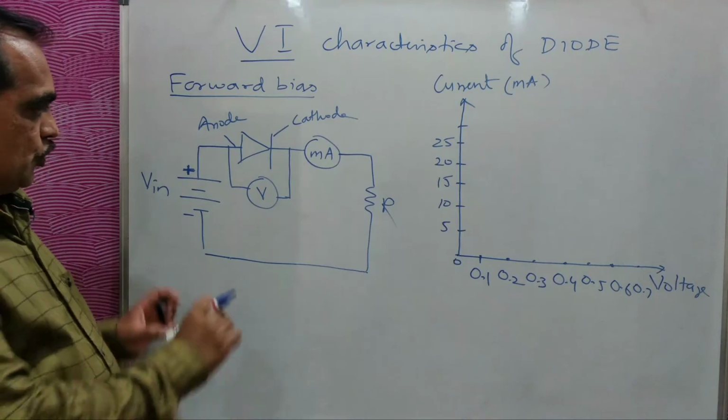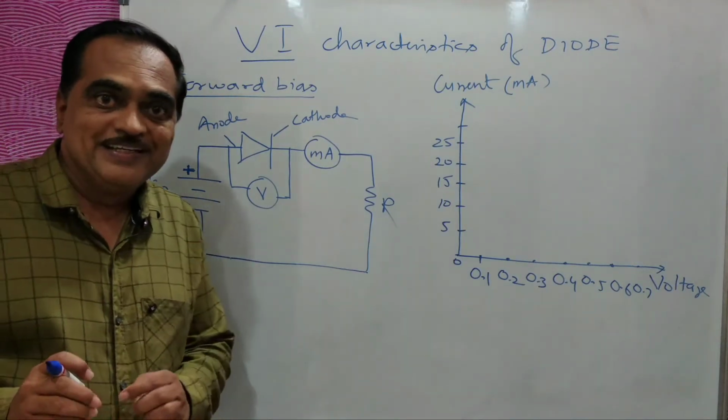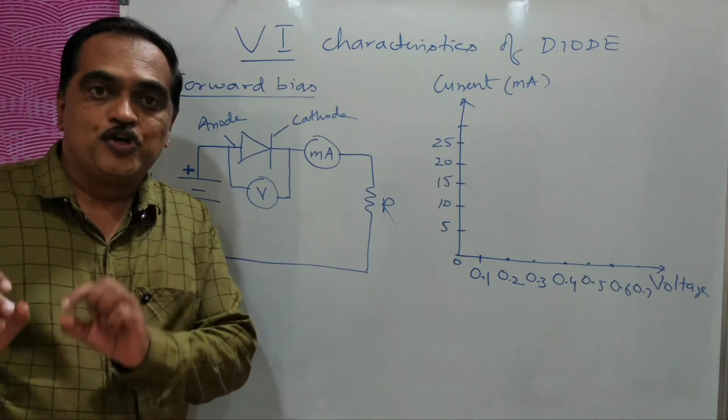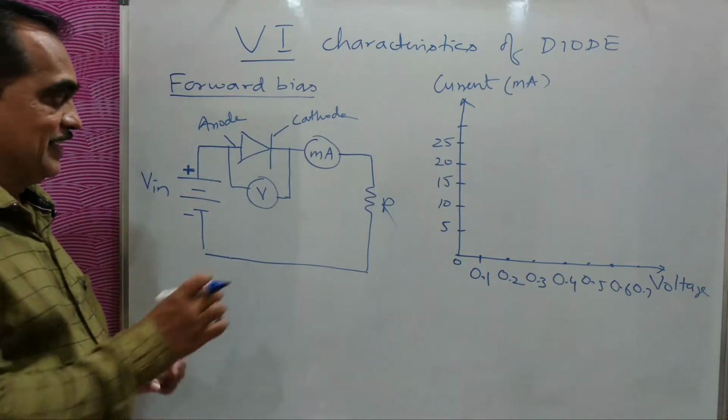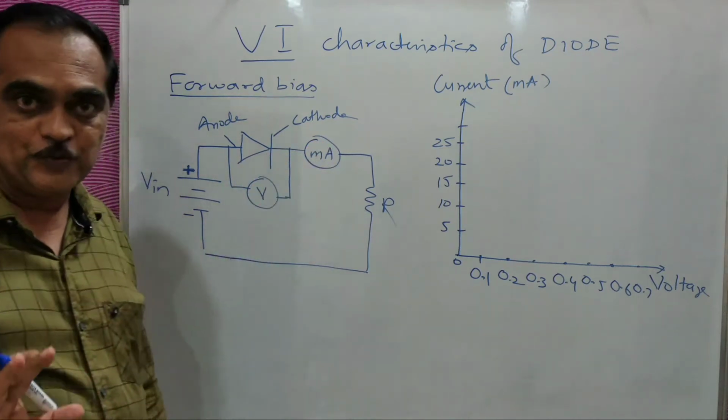Now the voltage whatever you are going to apply should be varied in 0.1, 0.2, 0.3 steps, and then you have to note down the voltage across the diode and the current flowing through the diode.